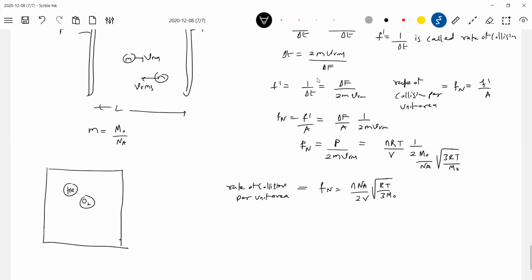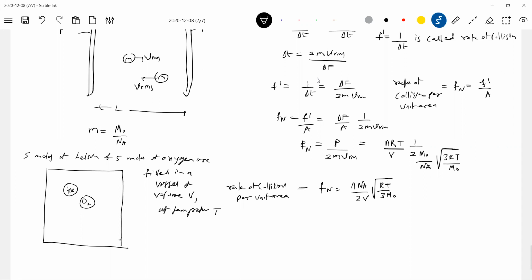Both have the same number of moles: 5 moles of helium and 5 moles of oxygen are filled in a vessel of volume V at temperature T.